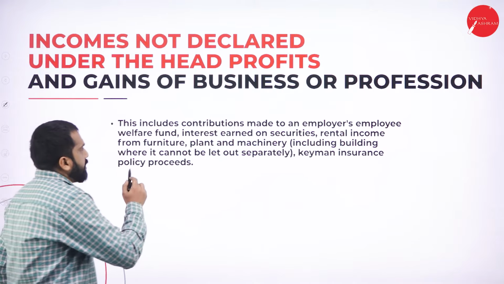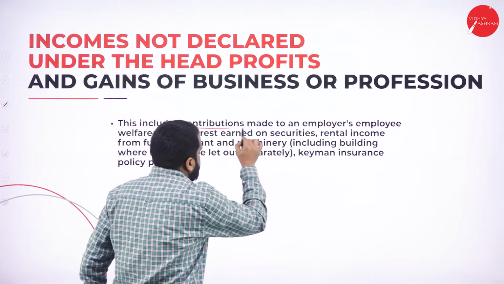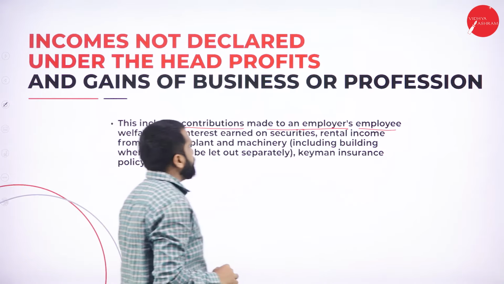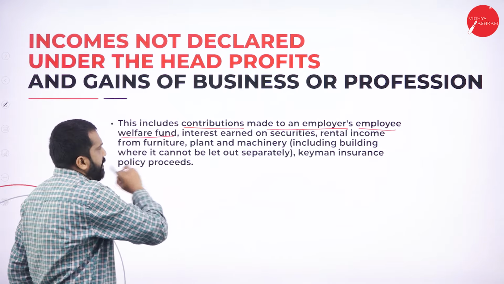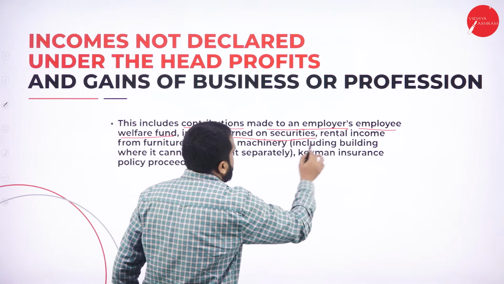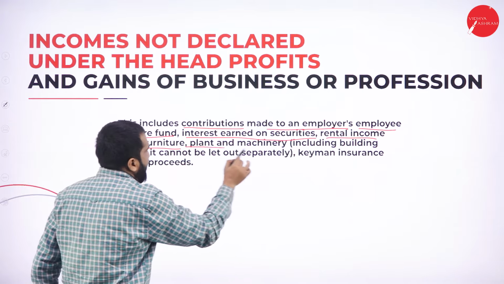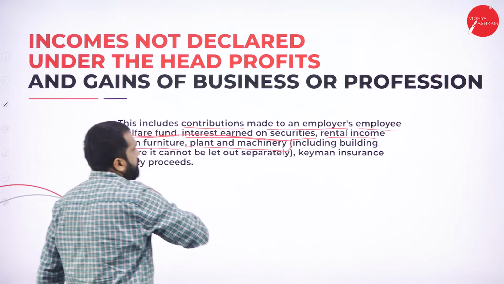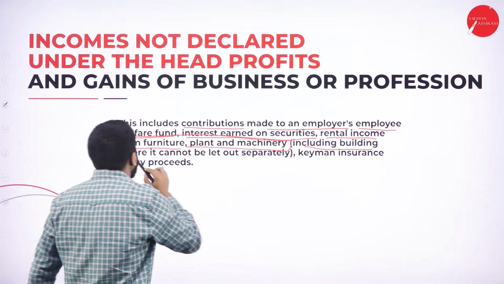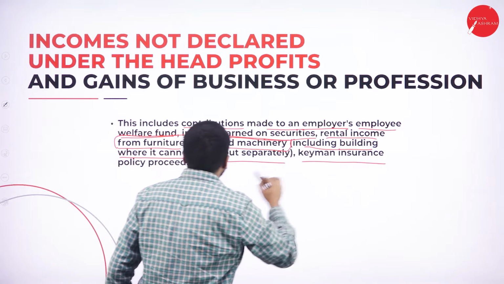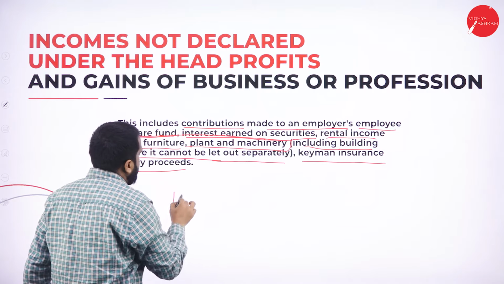Now, this includes contribution made to an employee welfare fund, interest earned on security, rental income from furniture, plant and machinery, including building where it cannot be let out separately, and key man insurance policy.